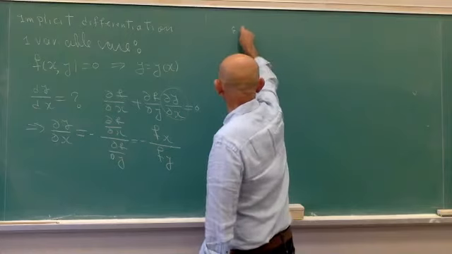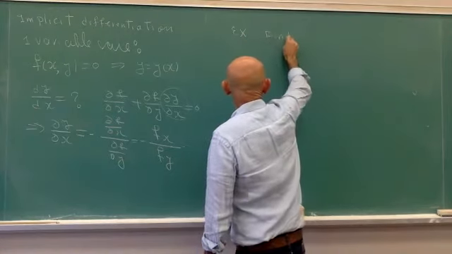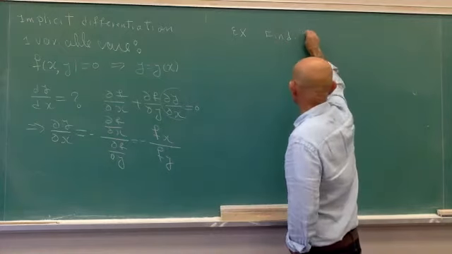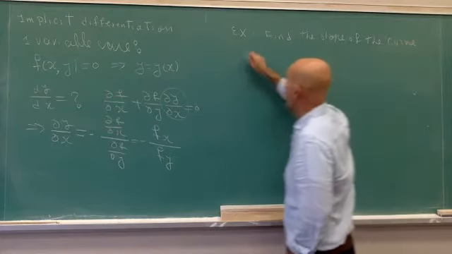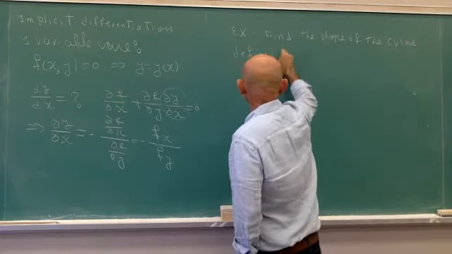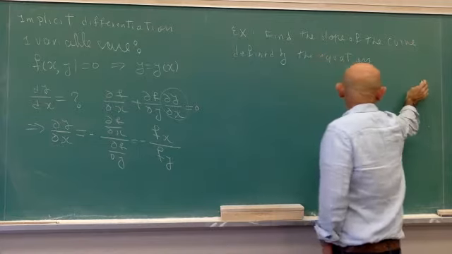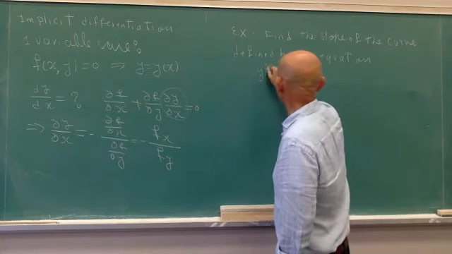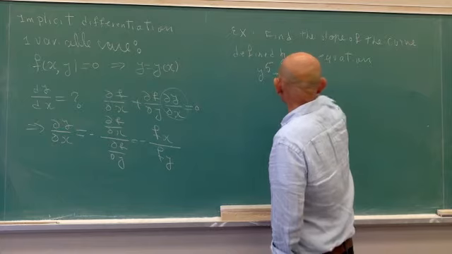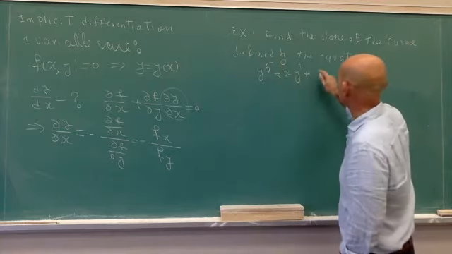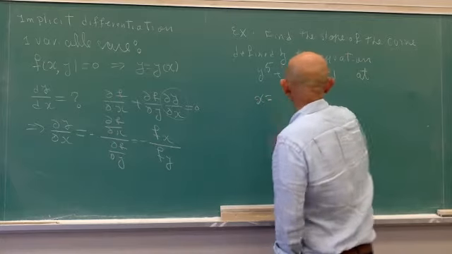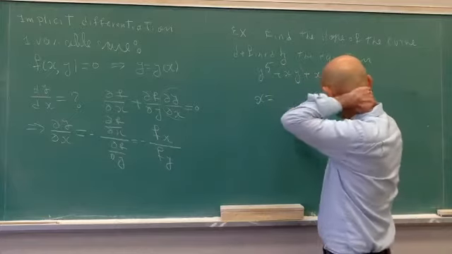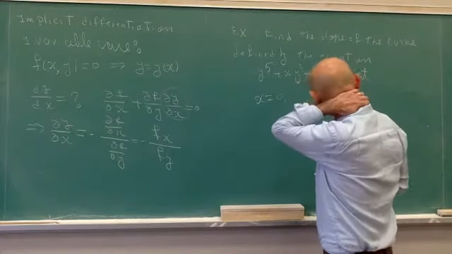Okay, so here is an example. Find the slope of the curve defined by the equation y^5 plus x y^2 plus x equal to 1 at x equal to 0.